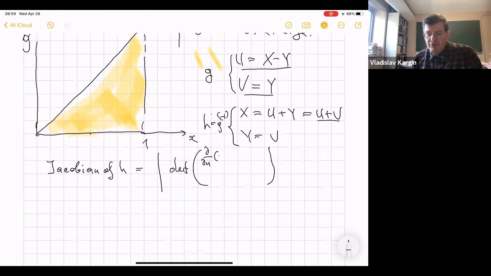The second column is the derivative over v of u plus v. In the second row, we have the derivative over u of the second inverse function, which is v, and the last element is d over dv of v.